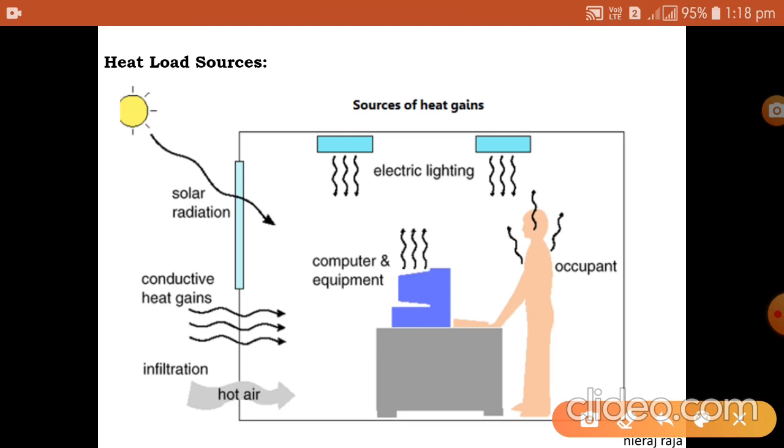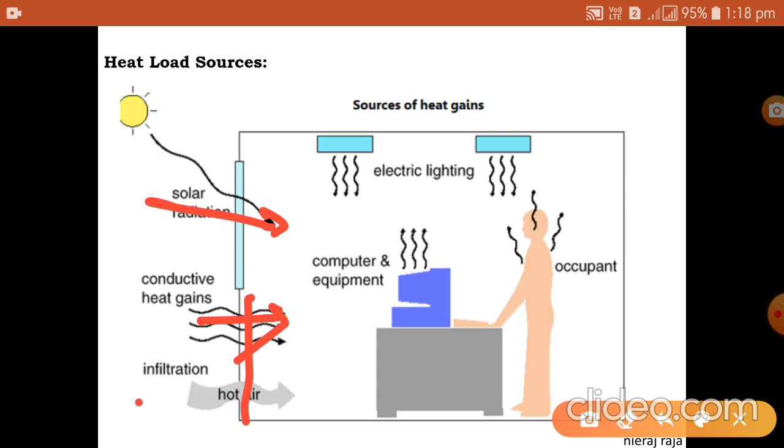This is the solar radiation, which comes through the glass of your window. These are the walls. By conduction, some heat is added from the outer surface of the wall to the inside surface of the wall. These are the outer sources, or you can say the outdoor sources of heat.